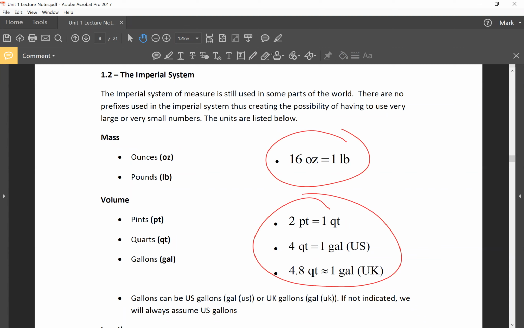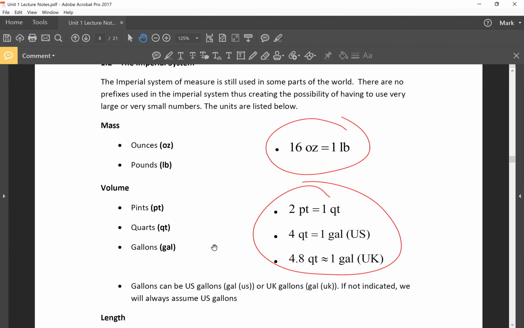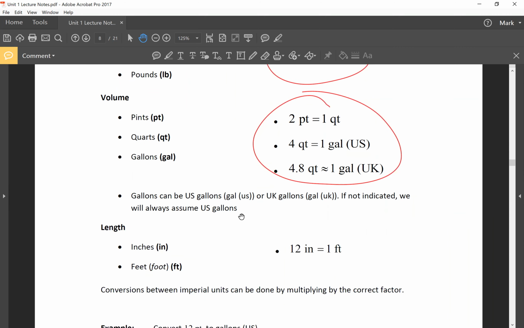The US gallon is different than the UK gallon. How confusing is that? This is why the metric system is so good. You use the metric system, you go to South Korea, Japan, Mexico, it's all the same. Oh, and one more, 12 inches into feet.